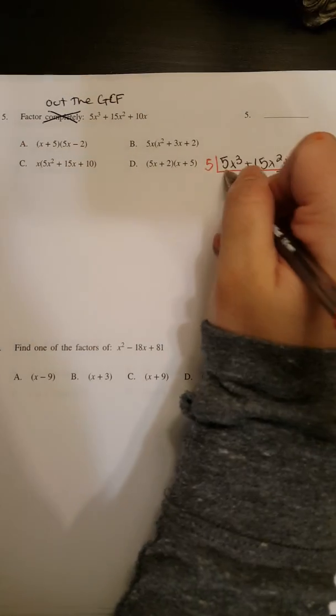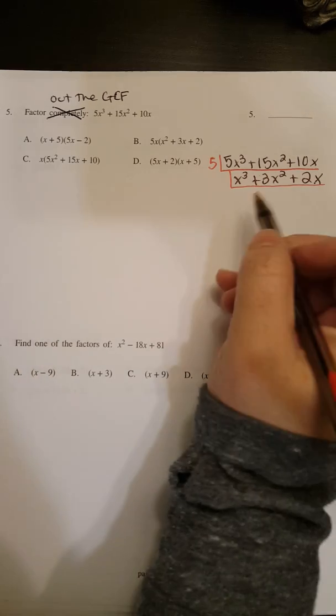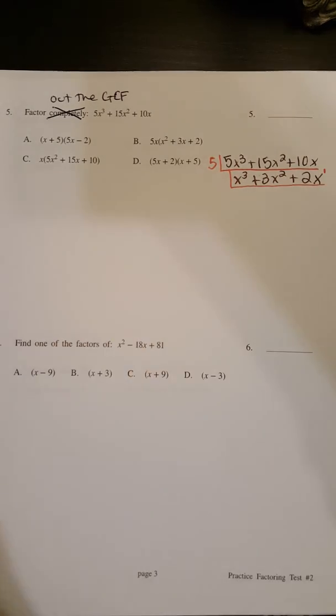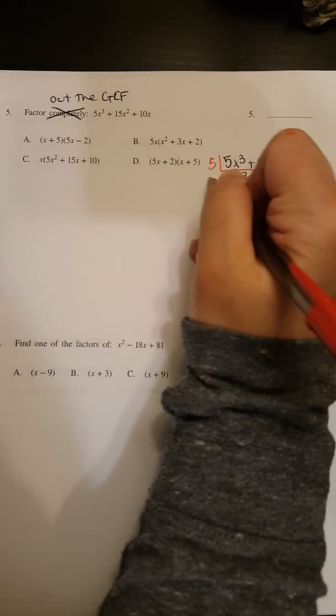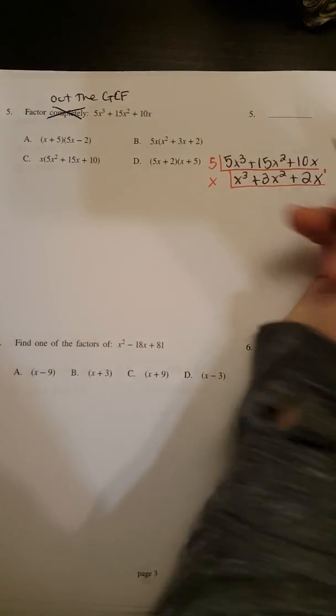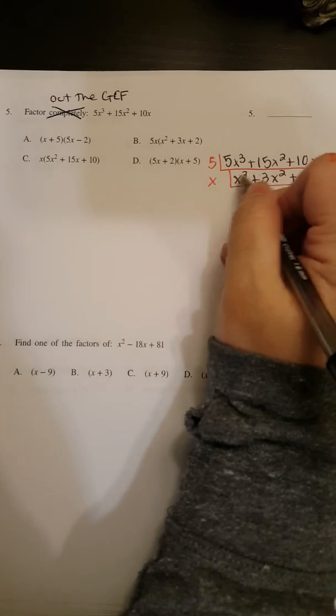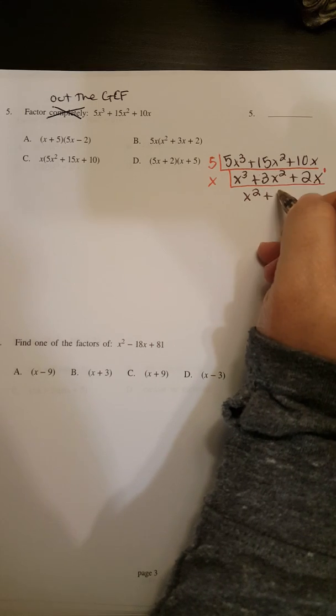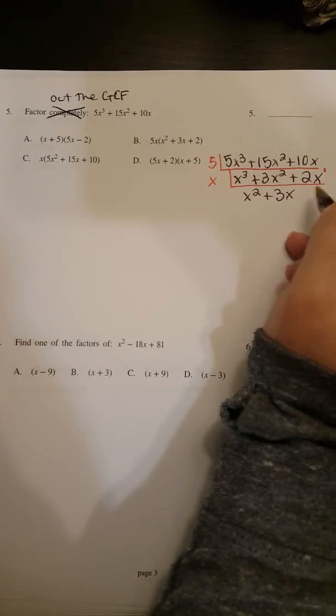Now, I still see that they have a variable in common. All of these have an x. Now, I go with my lowest exponent. Remember, if it doesn't have an exponent, it is 1. So my lowest exponent is just x to the first, or x. So when I take 1x away from the x to the third, I have x to the second. You take x away from x squared, and that just leaves me x.